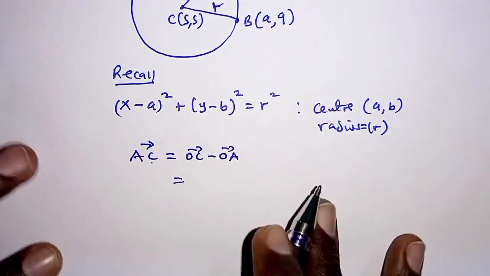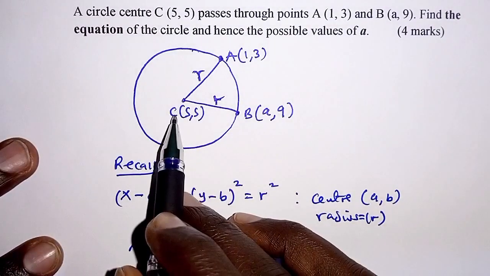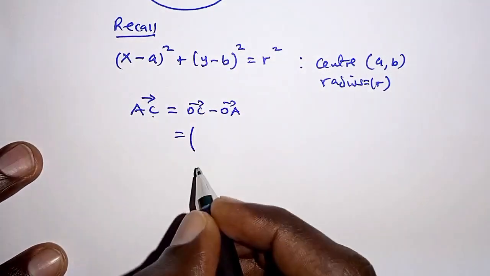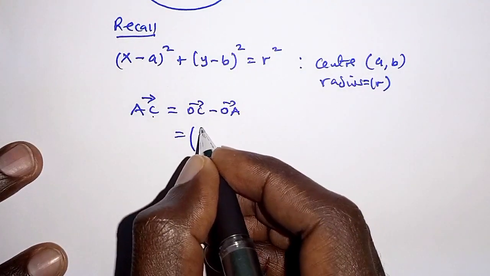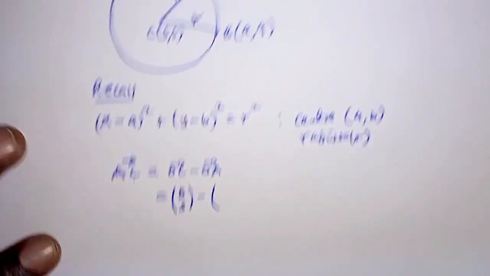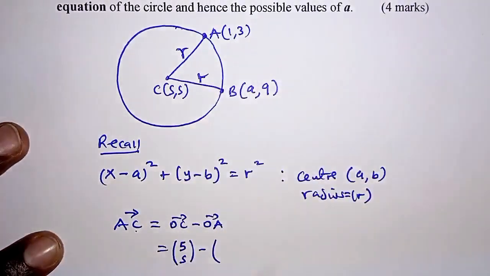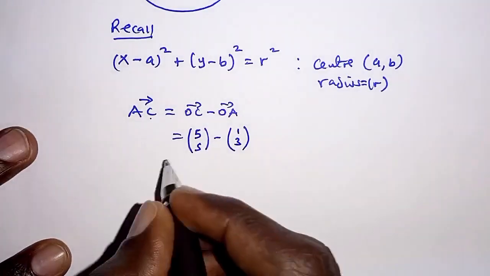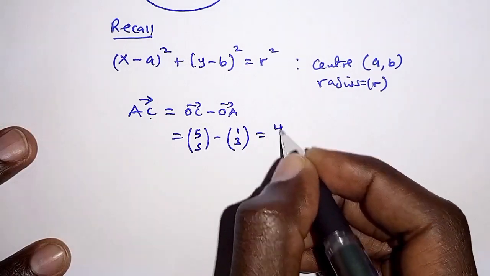OC is given to us, so we have point C arranged as a column vector, that is (5, 5), and OA is (1, 3), also as a column vector. When we get the difference, this becomes (4, 2).